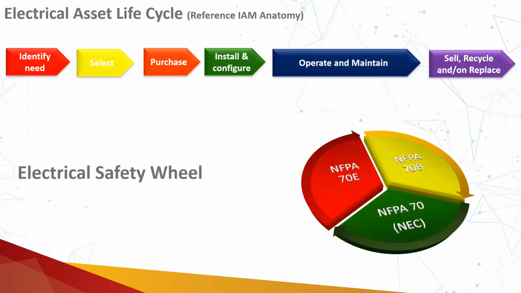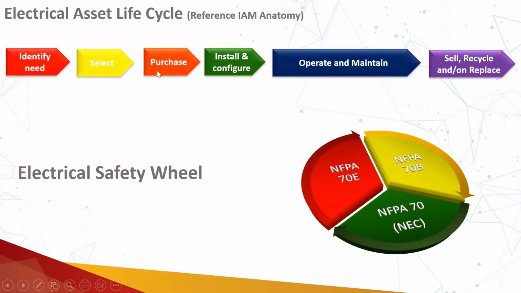If we look at an international level, like the electrical asset management concept, it is defined as an electric asset life cycle. You need to identify an electrical asset which you need to purchase or procure for your organization.